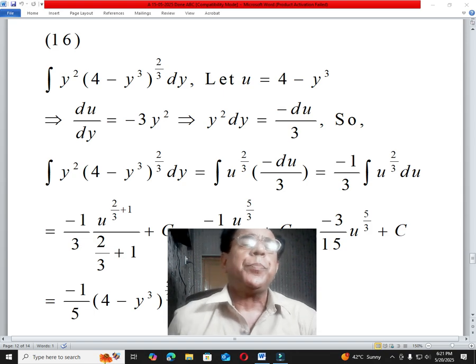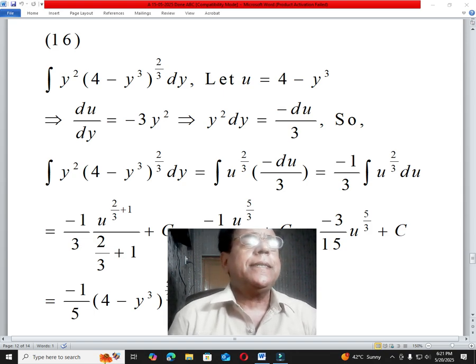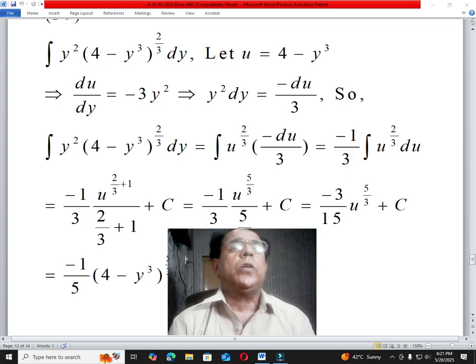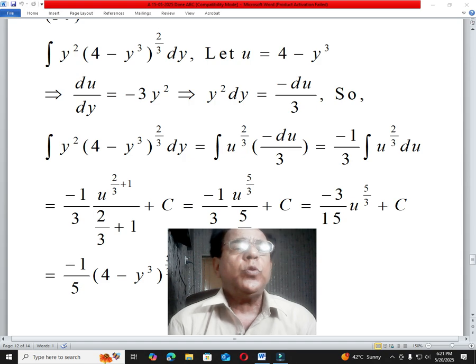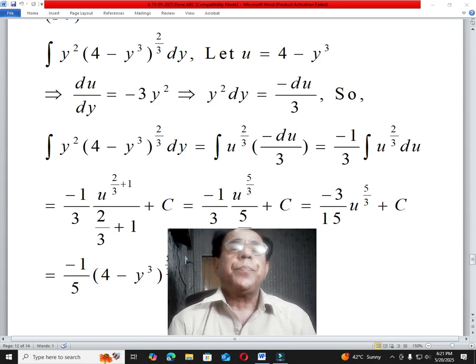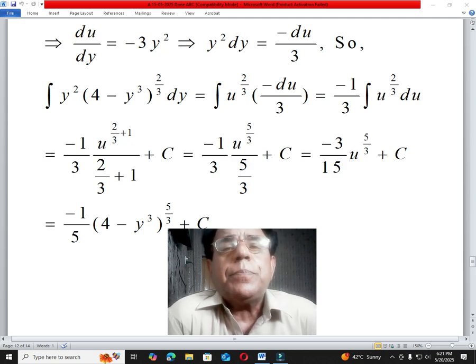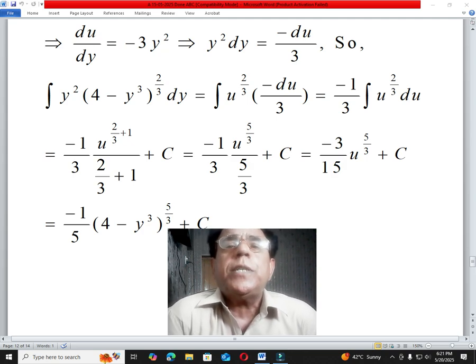So our given statement, integral y square 4 minus y cube raised to power 2 by 3 dy, becomes equal to integral u raised to power 2 by 3 into minus du by 3. Here minus 1 by 3 is a constant, so it will be taken out and written prior to the sign of integration. So our next step becomes minus 1 by 3 integral u raised to power 2 by 3 du.